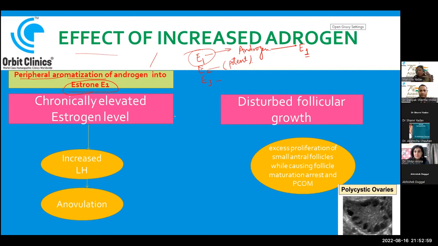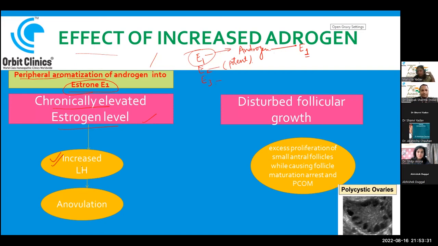So there is excessive androgen present in the body, and because of this excessive estrone, there is a chronically elevated estrogen level. So continuously your estrogen level is increased. They are always in a state of increased level. And whenever there is a chronically increased level of estrogen, it will increase LH.